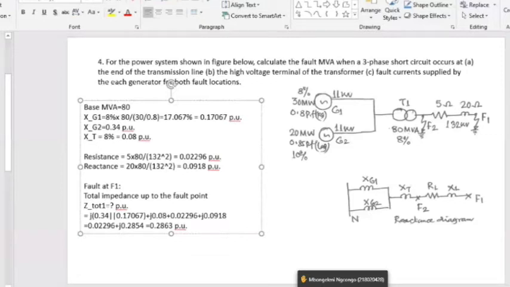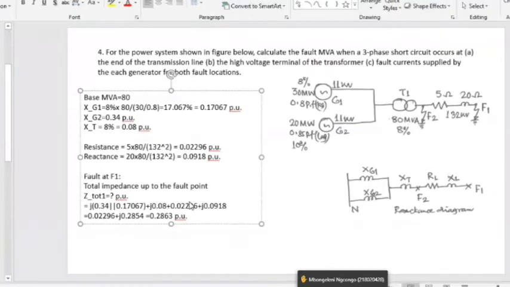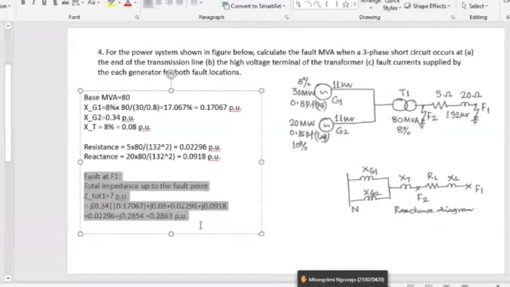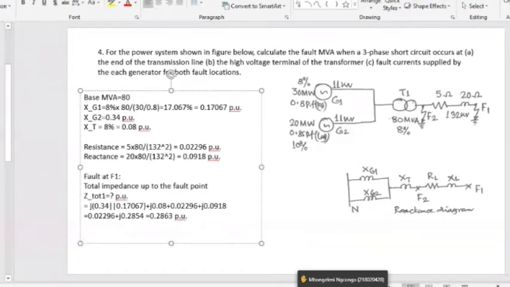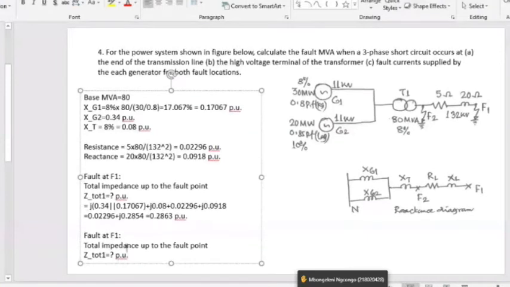So we got that 0.2863, right? Similarly, we can come back and do the same calculation for the fault at F2. So we'll calculate the fault at F2.